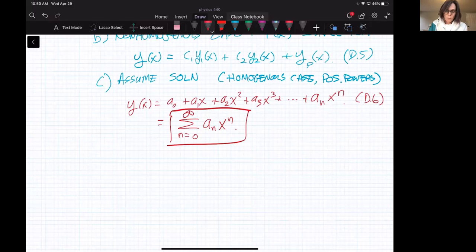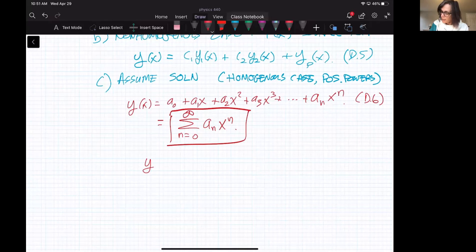We need to go back up to our original equation and consider what this looks like. In order to do that, we need to know what these derivatives look like.